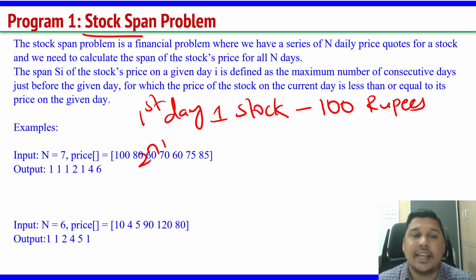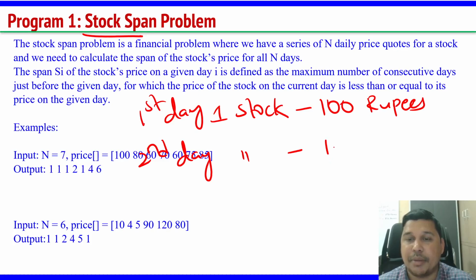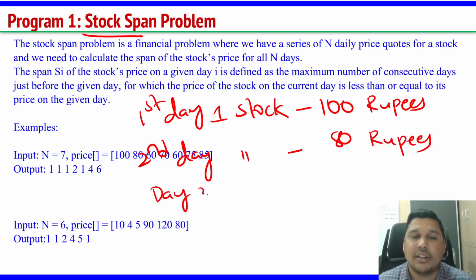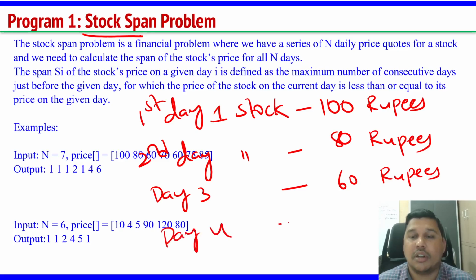On the second day, the same stock became maybe 80. It came down to 80 rupees. On day 3, it became 60 rupees. On day 4, it became 70 rupees.